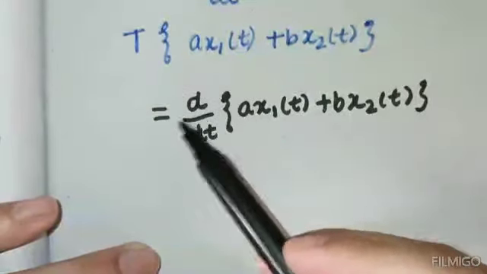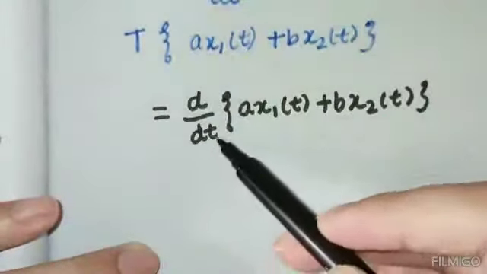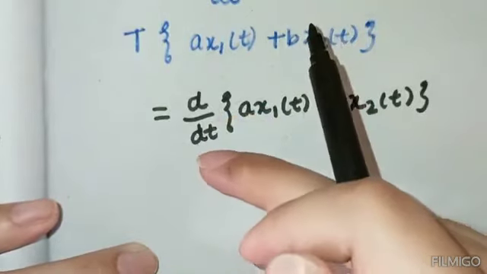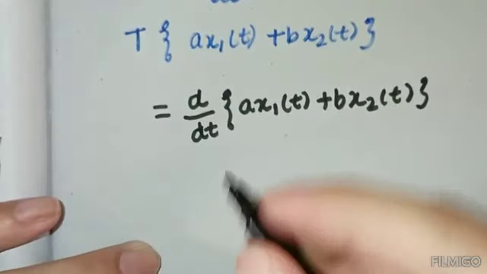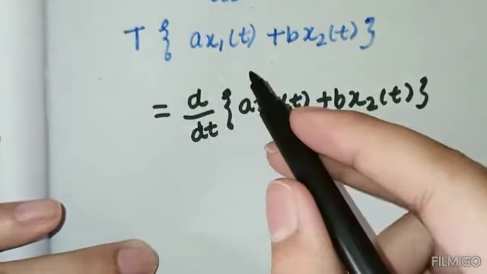The differentiation came outside and became differentiation of this particular input, so this differentiation can be multiplied to this.